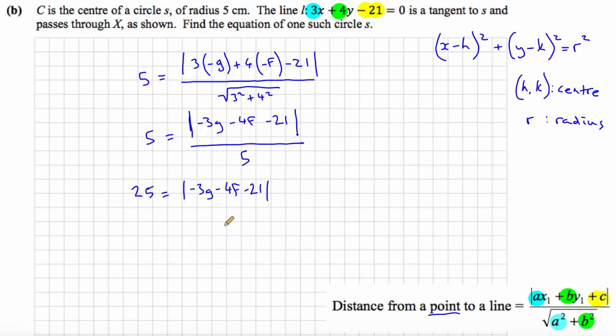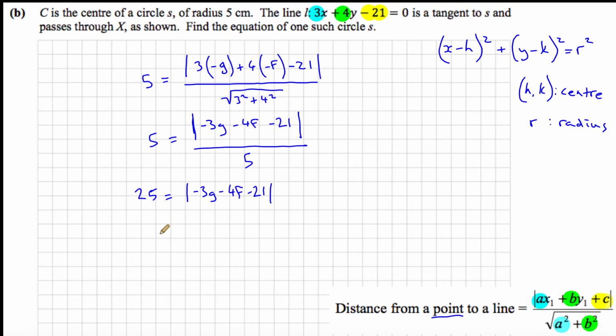Okay, so if the modulus of something is 25, that means the something is equal to positive 25 or minus 25. So we can set up these two equations.